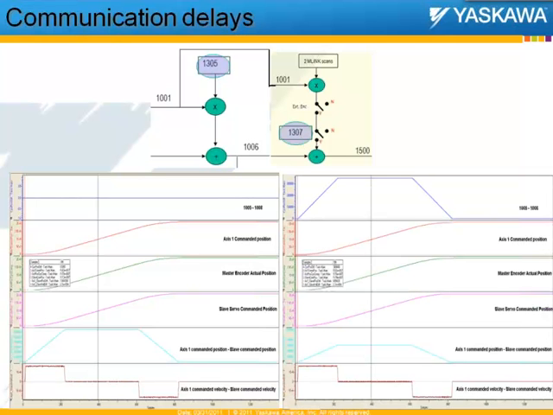You can see that the error between axis 1 commanded position and the slave's commanded position has reduced further. The plot on the left is the uncompensated plot, and the one on the right is the plot with 1305 and 1307 being used in the application.